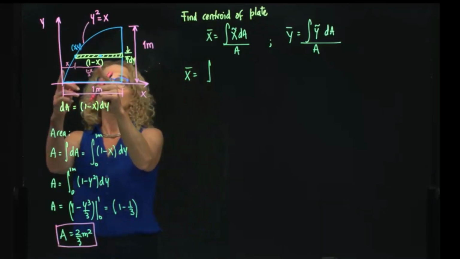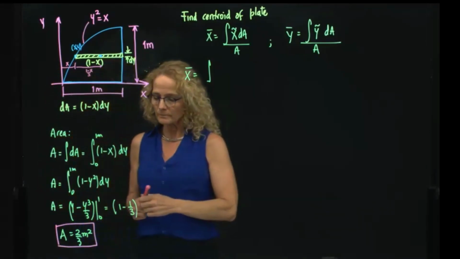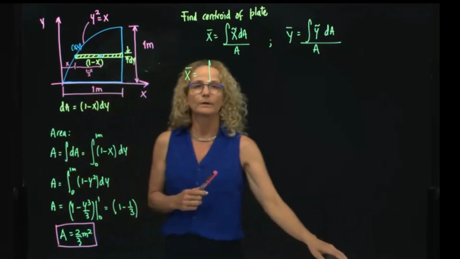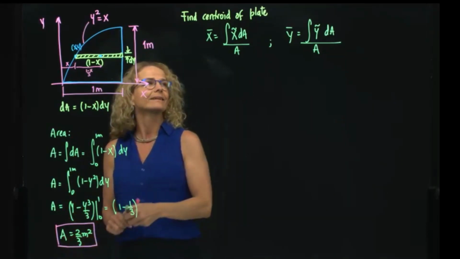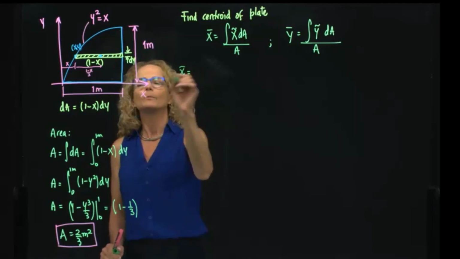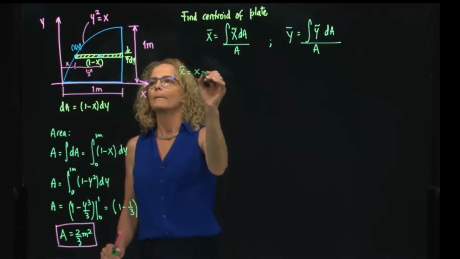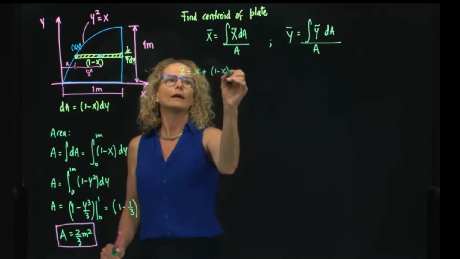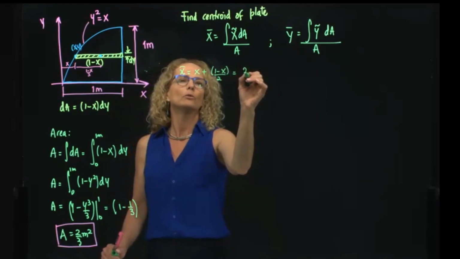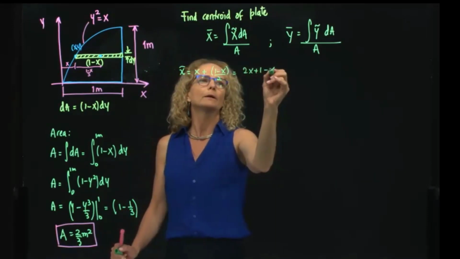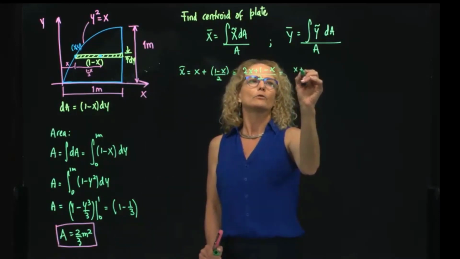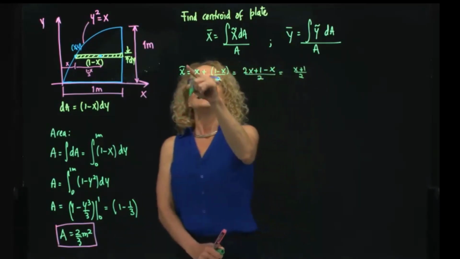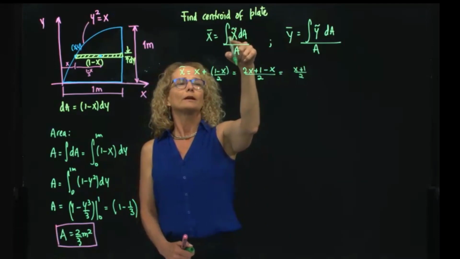So I have to add those two values. Let me do it first over here. My x will be equal to x plus (1 minus x) divided by 2. That will be (2x plus 1 minus x) divided by 2. That gives me (x plus 1) divided by 2.